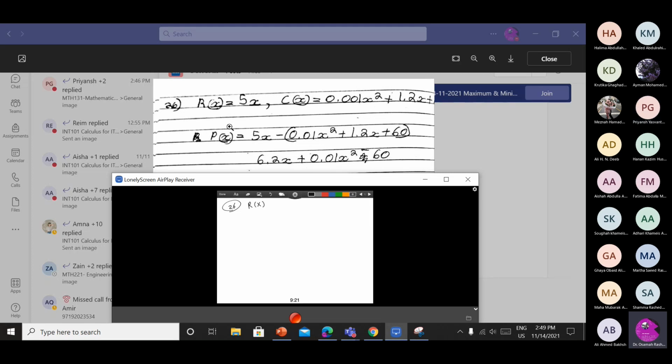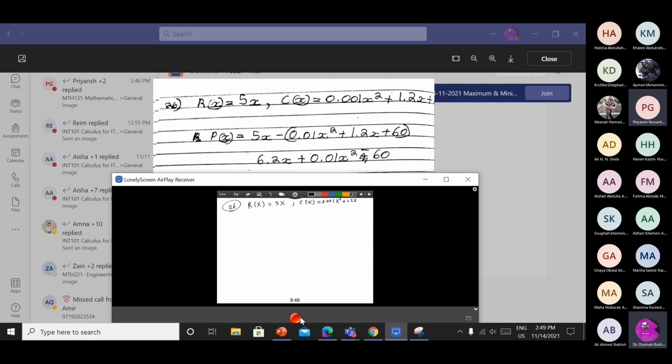Priyansh, this is the R of X, okay? This is the C of X, the cost, 1.2x plus what?